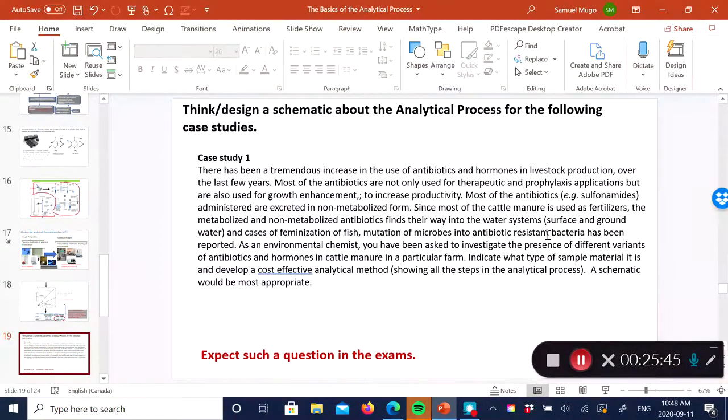As an environmental chemist, you've been asked to investigate the presence of the different forms of antibiotics or hormones that are present, indicate what type of sample material you're dealing with, whether it is heterogeneous or homogeneous, and develop a cost-effective method to detect the amount of hormones and antibiotics that are present.